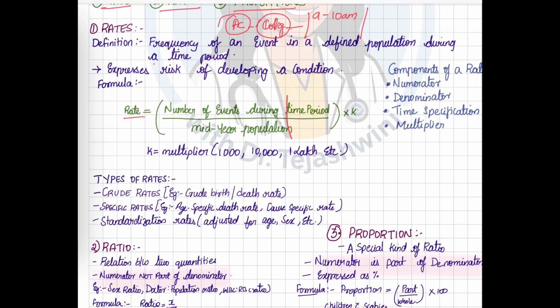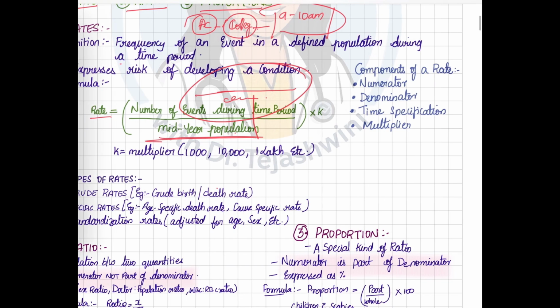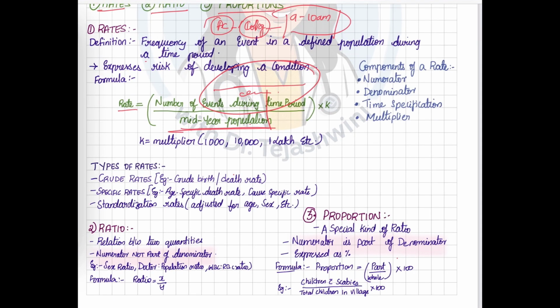So the formula is the number of events during the time period divided by the mid-year population. If we relate this to this example, the number of accidents occurring from 9 to 10 divided by the total population in that area is the rate of accidents.